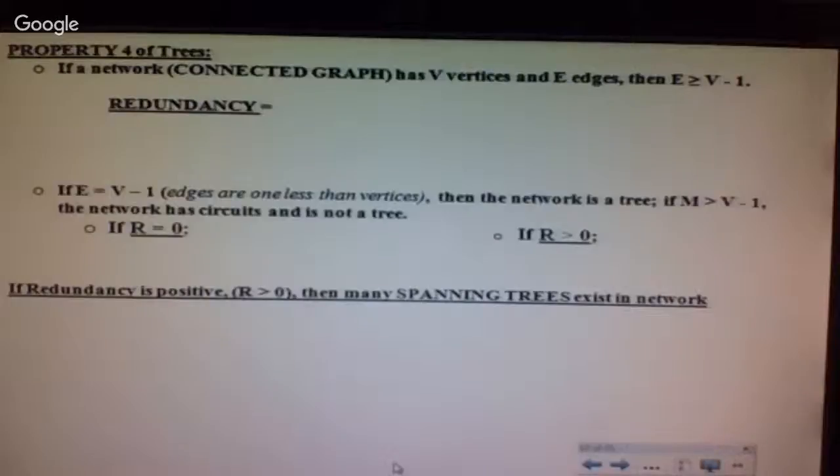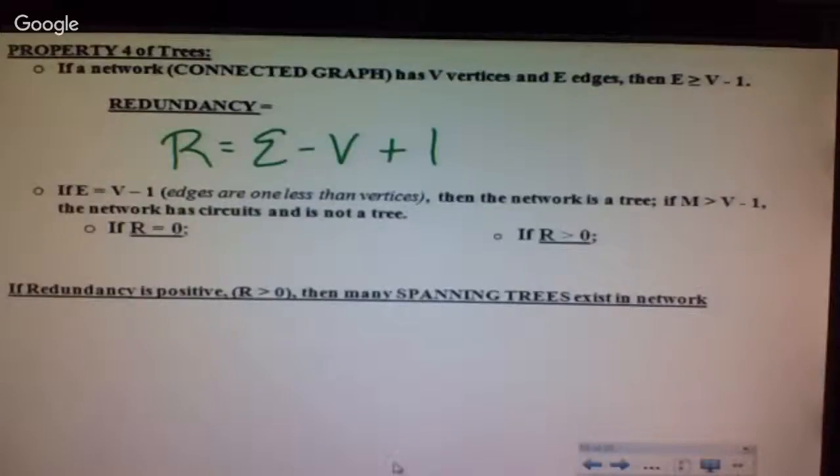Okay, so we've already talked about this. Redundancy. Your actual equation for it is R equals E minus V plus 1. I never remember that formula.